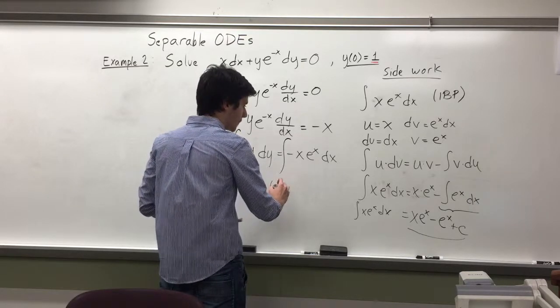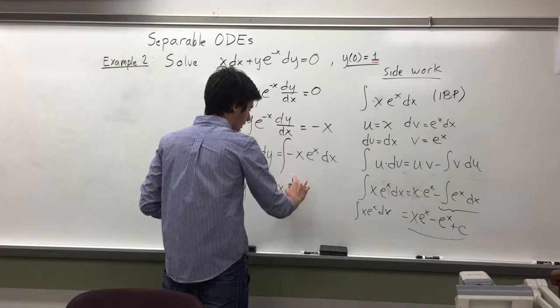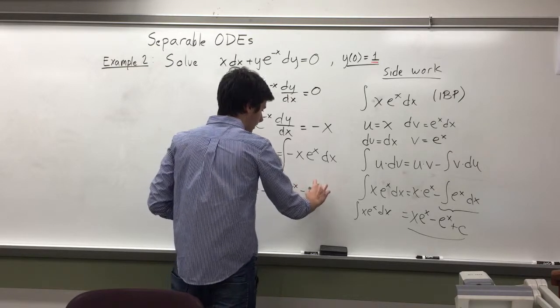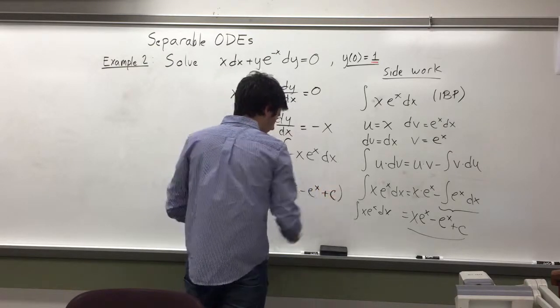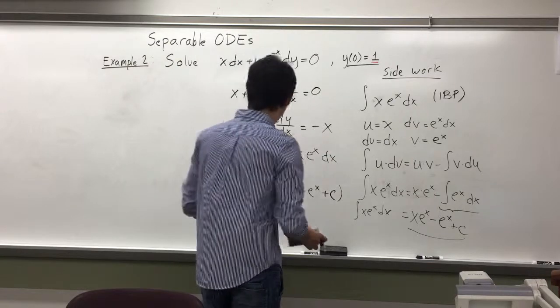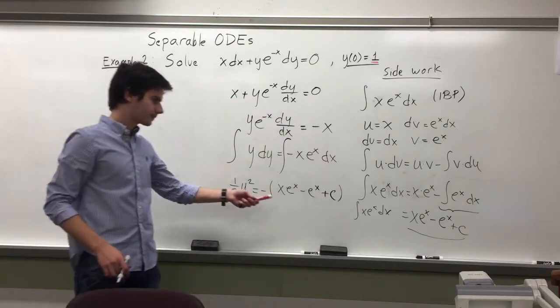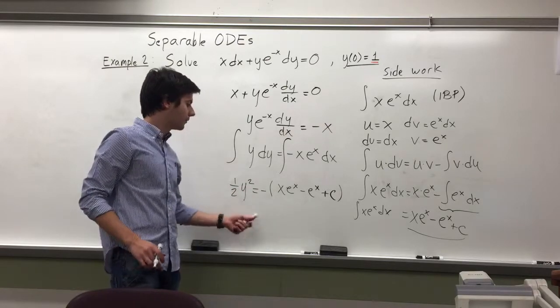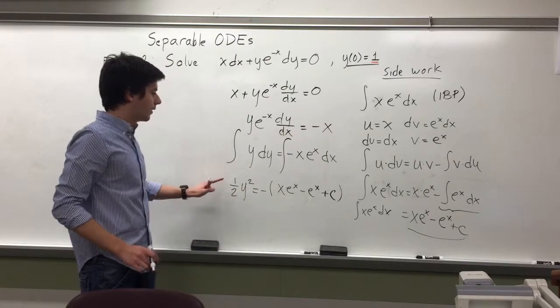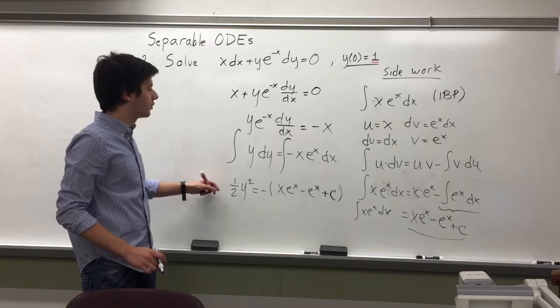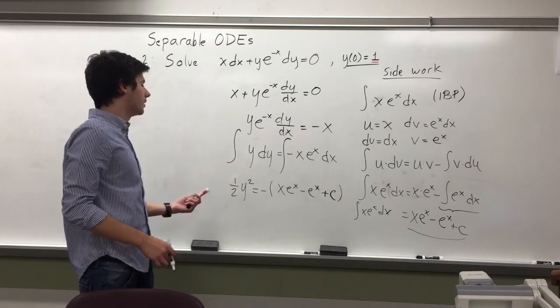So we have the opposite of x e to the x minus e to the x plus c. Alright, so when we have this right here, this would be like the general solution of the ODE.